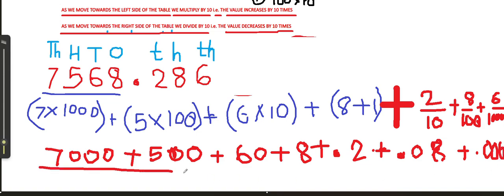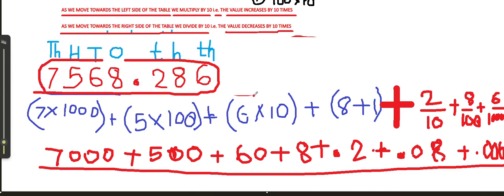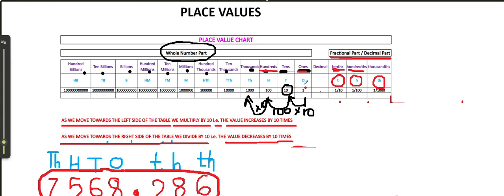If you add up the expanded form, you are going to come to the standard form of the sum. Okay, so coming back to 7,568.286, you are going to get the standard form of the answer if you add up the numbers from the expanded form. So that was all about place values.